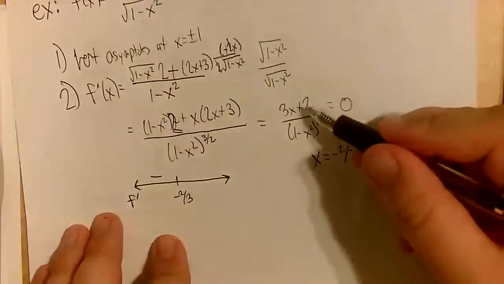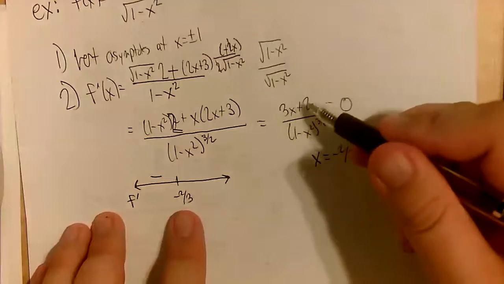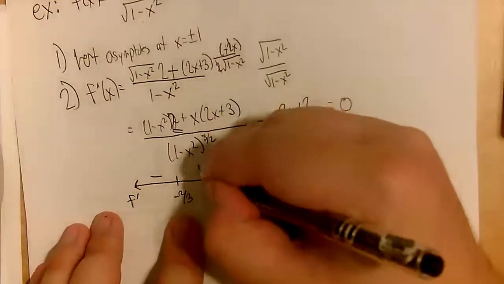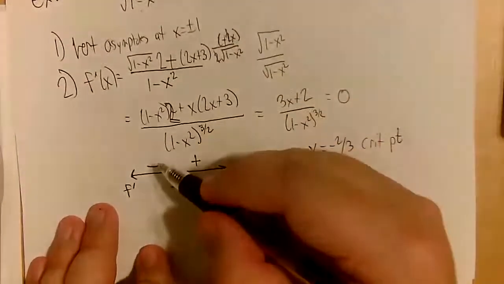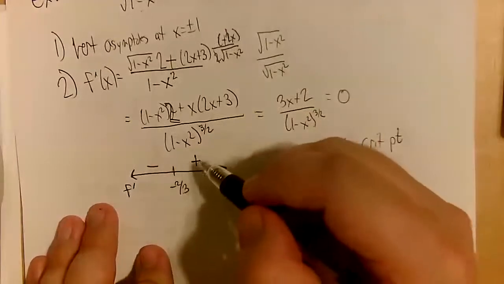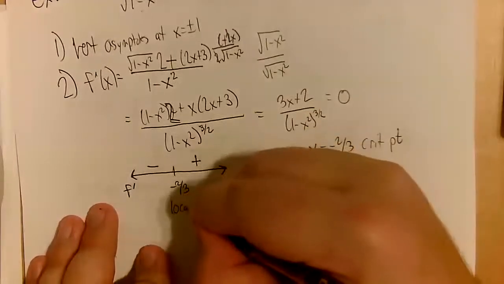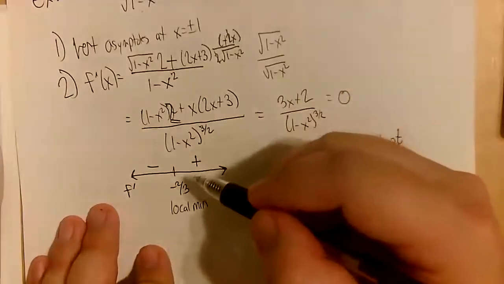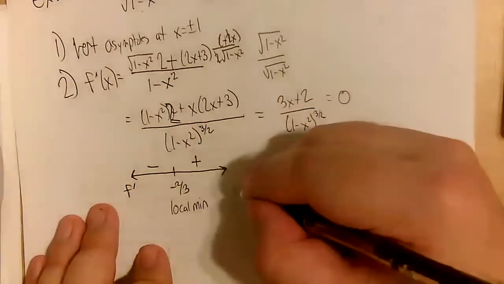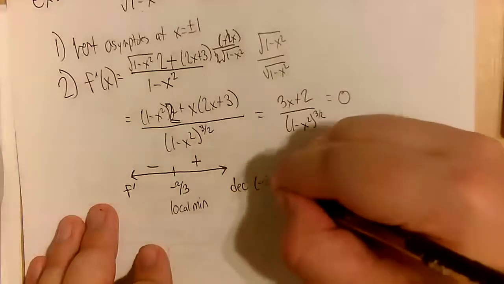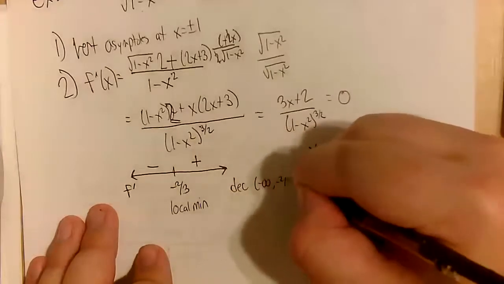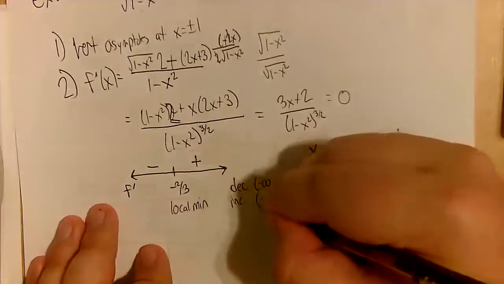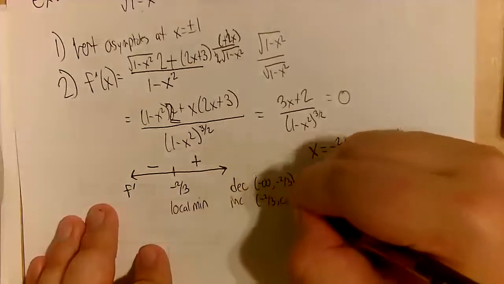And then if we plug in something bigger than negative 2/3, like 0, we're going to have something positive. So since we're decreasing and then we're increasing, this means that we're going to have a local minimum at x equals negative 2/3. Furthermore, we're decreasing from negative infinity to negative 2/3, and we're increasing from negative 2/3 onwards.